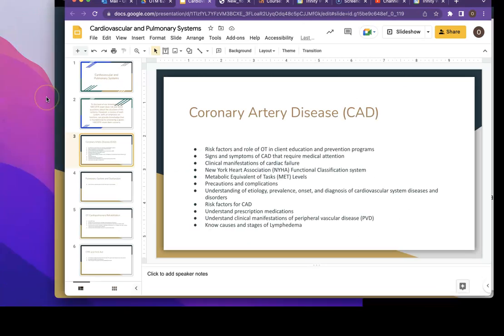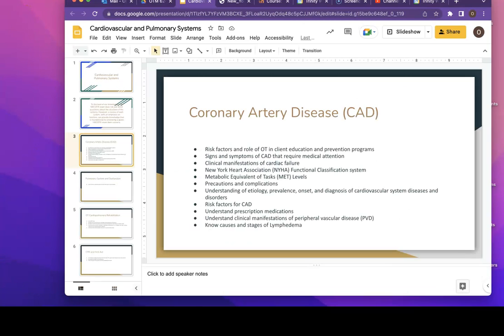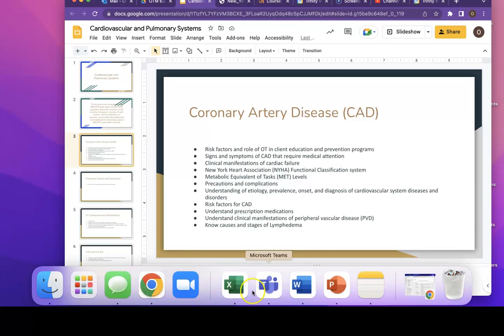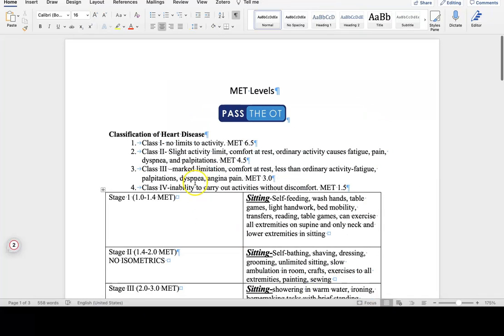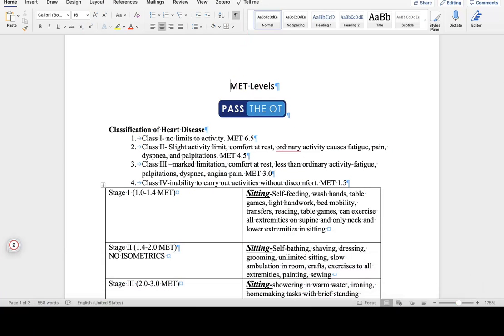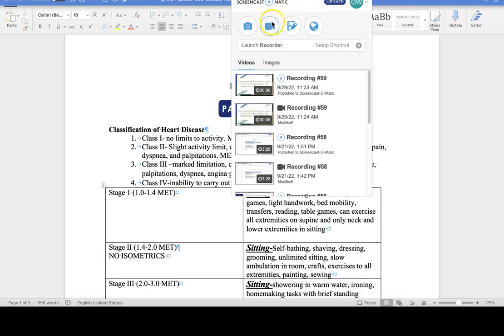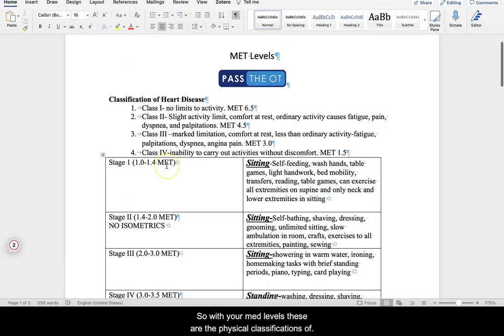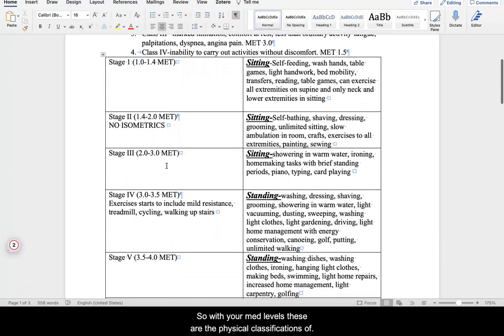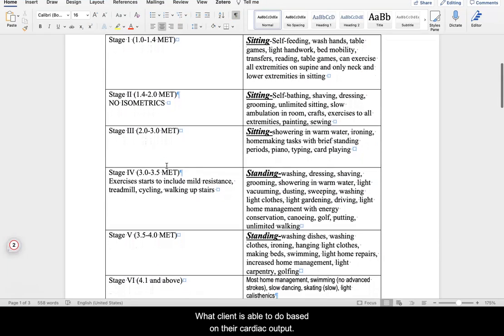Now, speaking of MET levels, these are the physical classifications of what a client is able to do based on their cardiac output. So this is especially important when you're doing cardiac rehab.